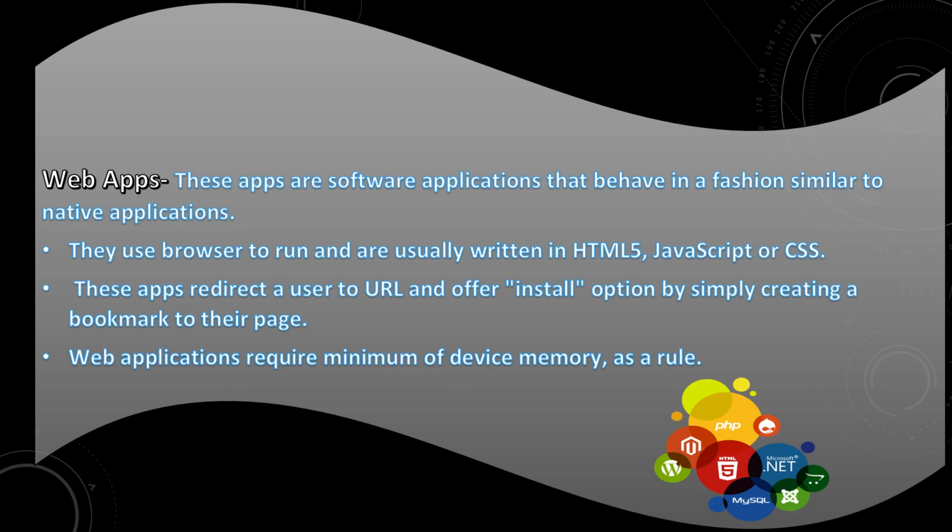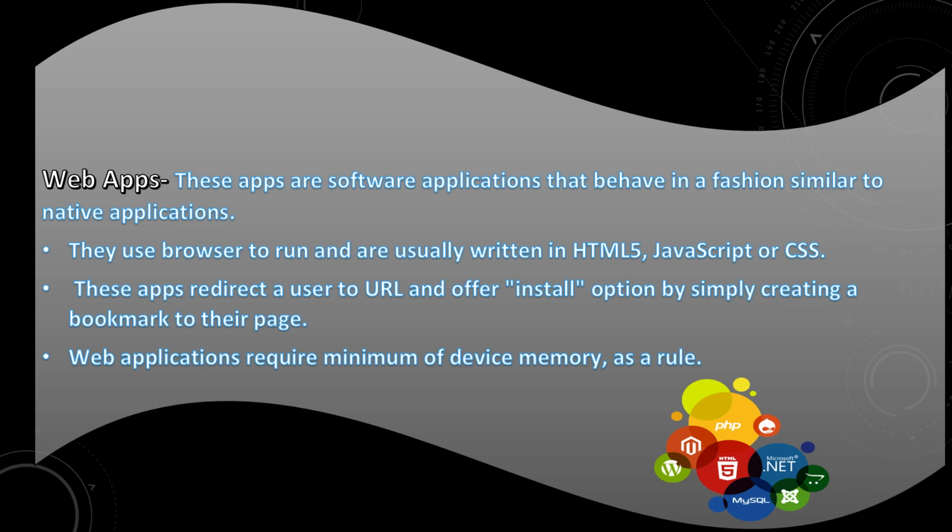The third type of app which we will be discussing is web apps. These apps are software applications which behave in a similar way to native applications. They use a browser to run and are usually written in HTML5, JavaScript or CSS, which is similar to the hybrid apps. These apps will direct a user to a location and will offer an install option by simply creating a bookmark to their page.